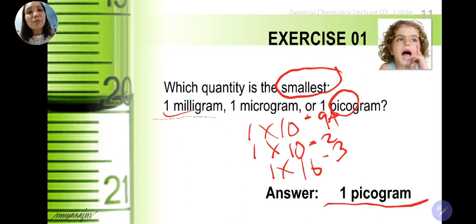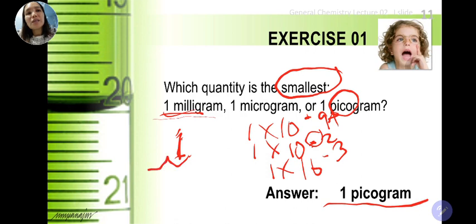Kasi, for example, pag sinabing 1 milligram, ito yung 1 mo. Tapos, 1 times 10 to the negative 3 siya, ang milli. So, ibig sabihin, kung andito yung decimal point mo, kung negative siya, i-move mo ng 3 places yung decimal point mo. Kung negative, papunta sa left.